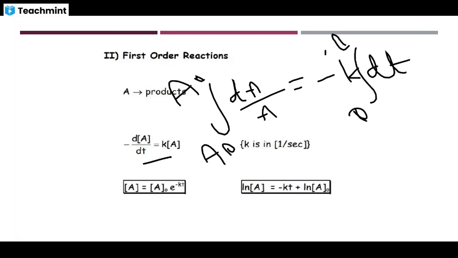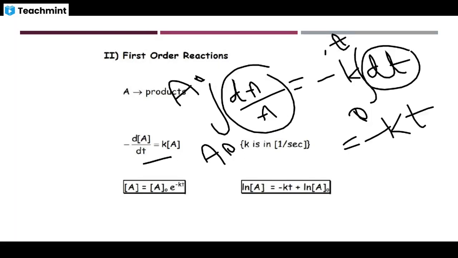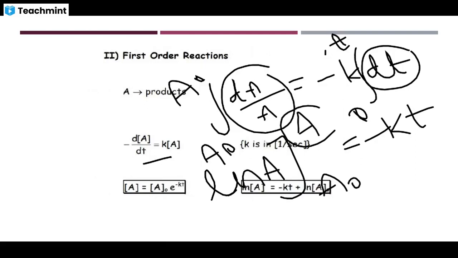So integrating dt, you get t, and 0 to t means you get minus kt. So here 1 by A integrates to ln A. Substituting the limits A naught and A, first A, ln A minus ln A naught equal to minus kt.